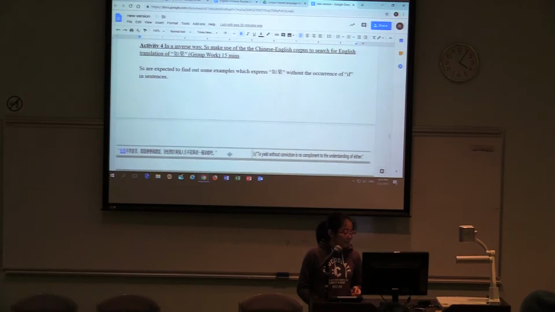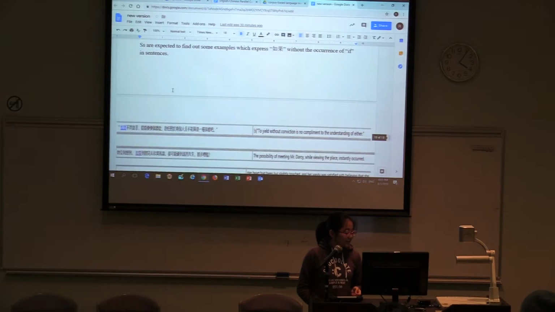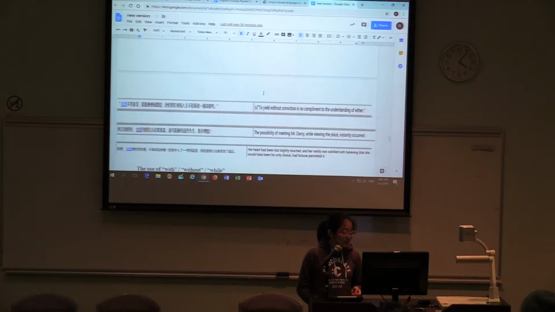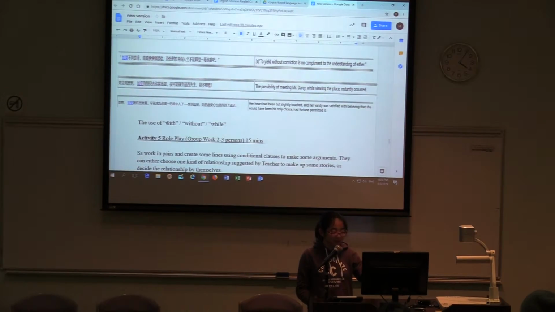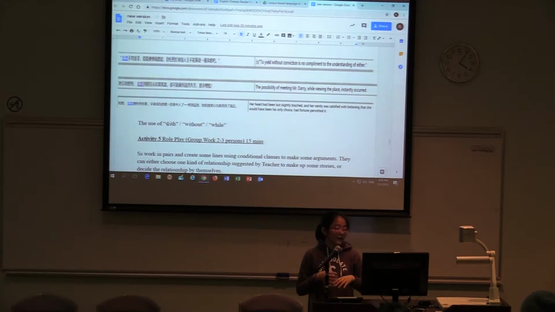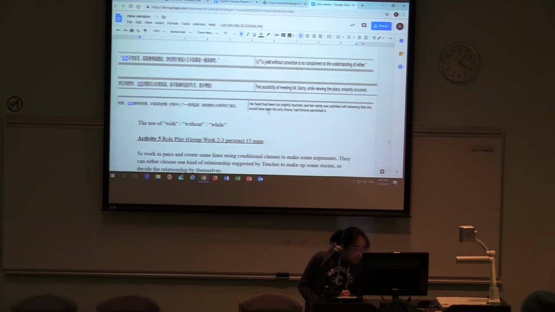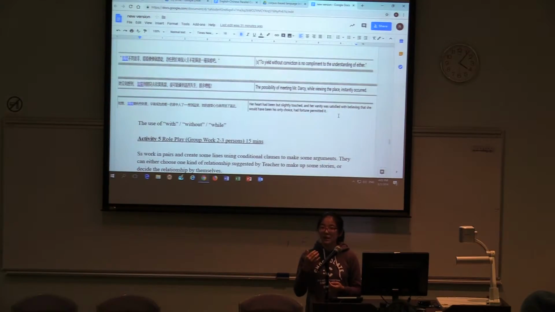So when students continue to explore, they may find some sentences, and we also conclude the findings, like in English sentences, the use of with, without, and while, like here, without, while, and with can express the meaning of 如果.